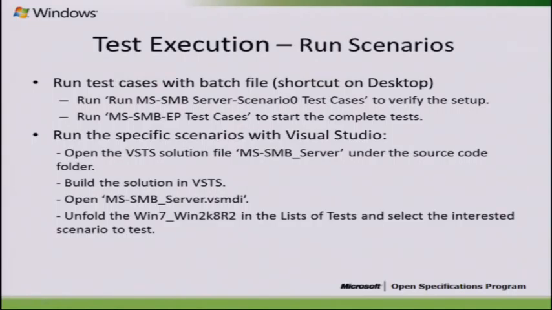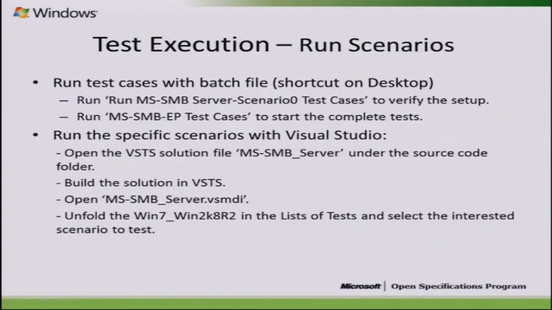Okay, for the scenario testing execution, there are actually 2 ways that help us to run scenarios. One is scenario 0, which is used to check the setup and do the basic testing before you further run other test cases.